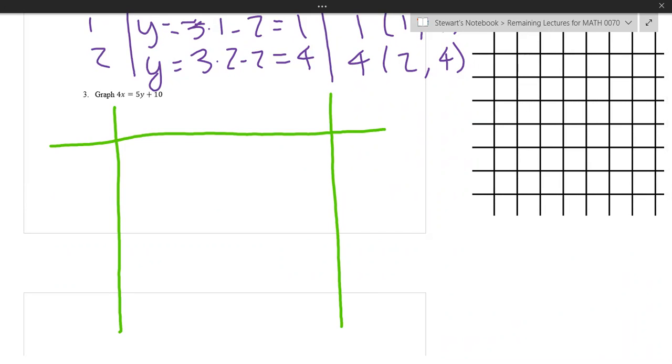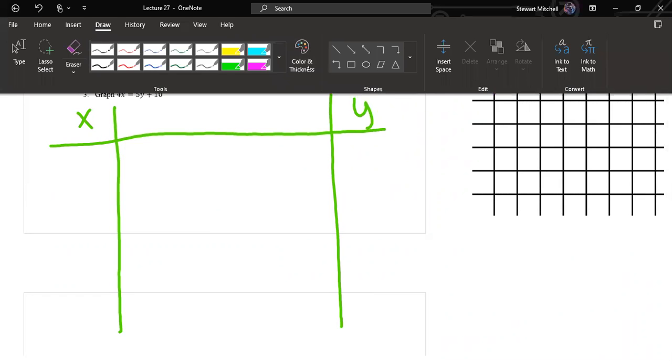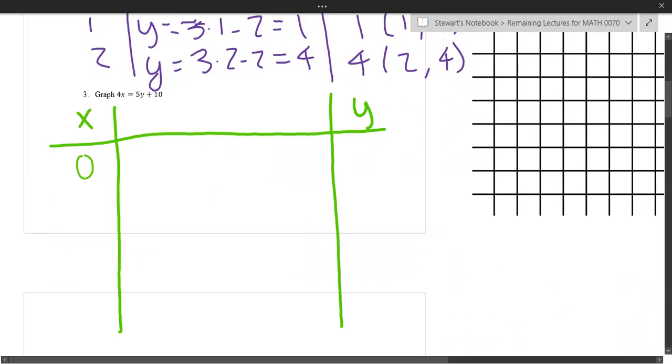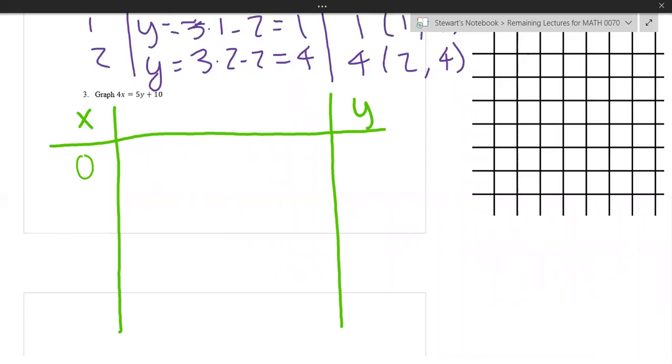So when you're making a table for yourself, you want to try to get whole numbers if you can. So what we're going to do for that then, 0 is a safe bet, and it's good to have 0. 0 is always an important number because it relates to the origin and where the graph crosses the axis.